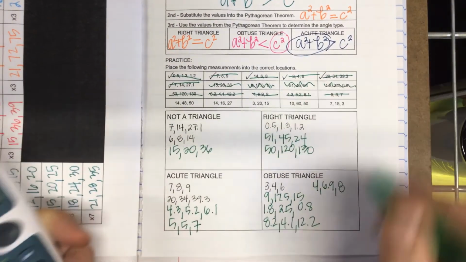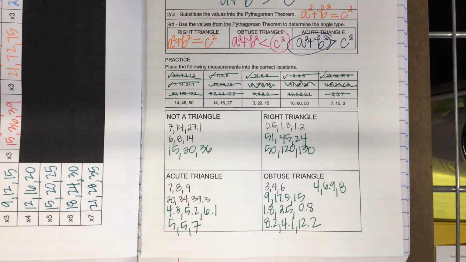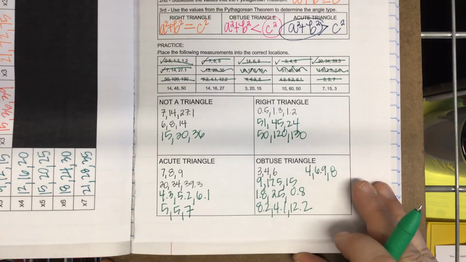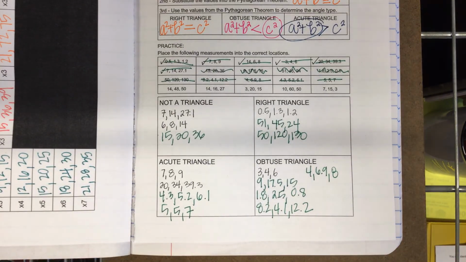All right, I did the third row. The third row answers are now in the boxes. If you have finished the third row, you can check.